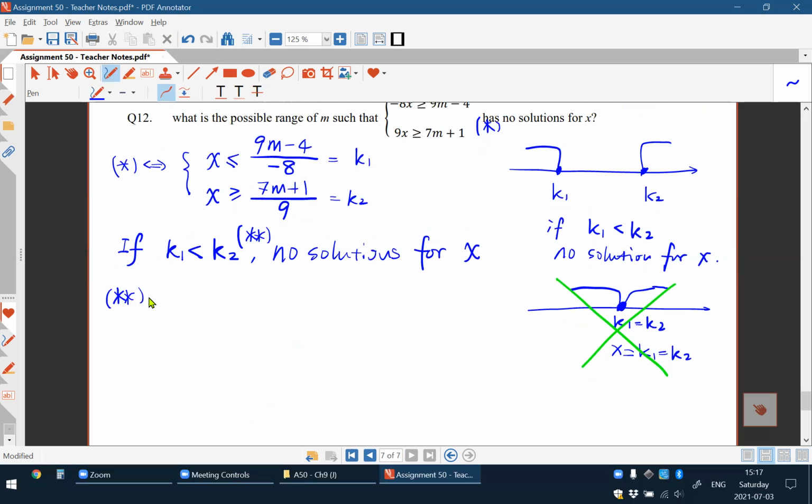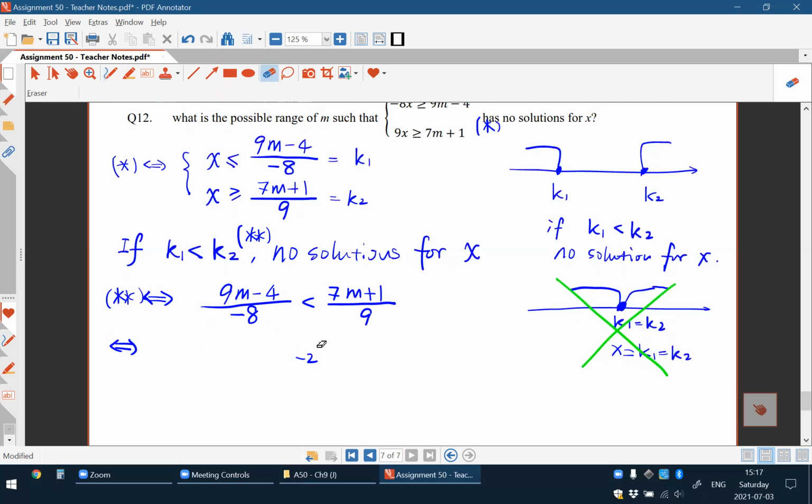And 2 stars, double star, is equivalent to K1 is 9m minus 4 over minus 8, K2 is 7m plus 1 over 9, right? All we need to do is to solve this inequality. We can multiply both sides using the least common multiple of 8 and 9, which is 72, right?